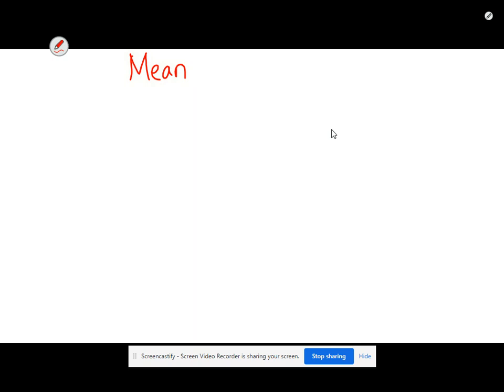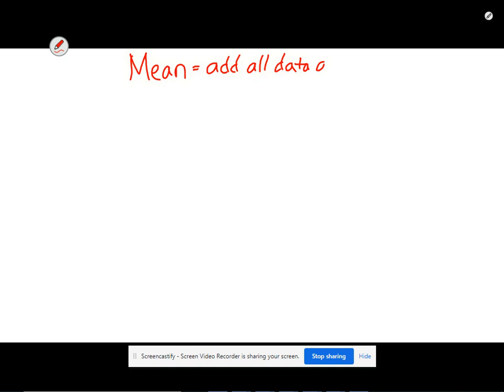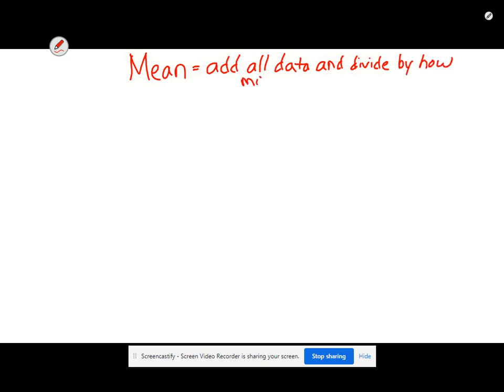You add all of them up and then divide the answer by how many numbers are in it. So we're going to add all the data up and divide by how many numbers there were.